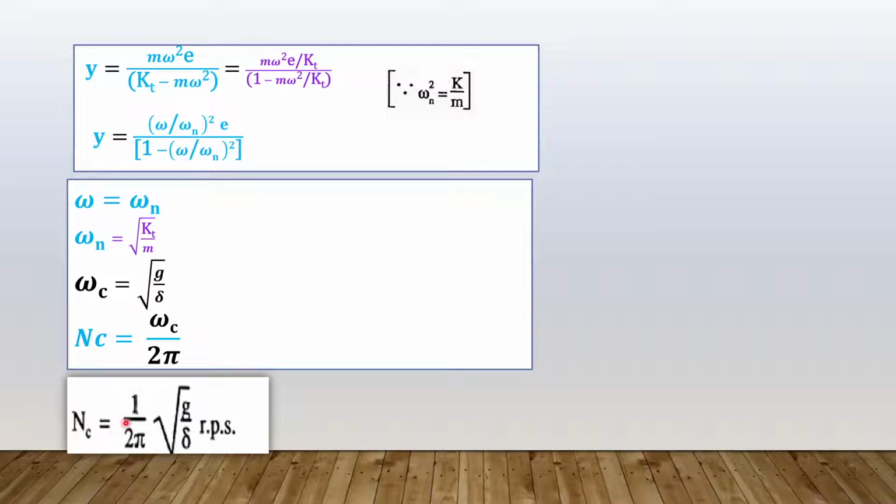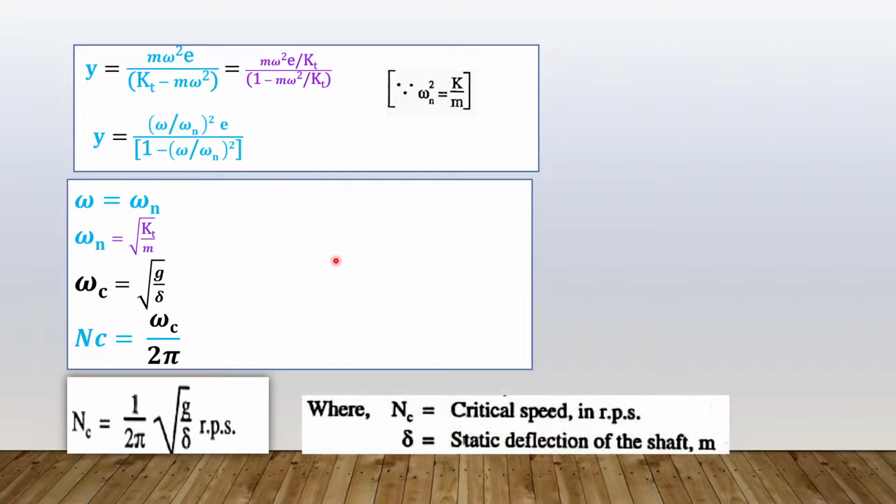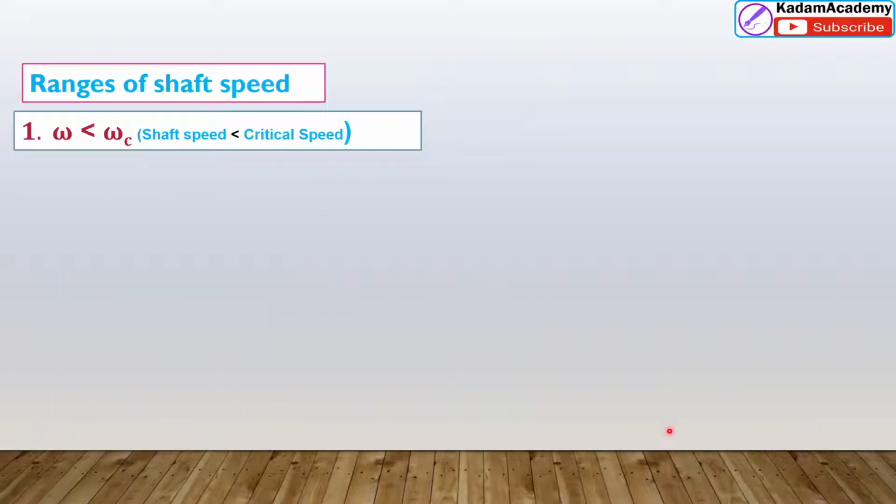Hence we can write 1 upon 2 pi under root of g by delta. This is in RPS. Nc, n suffix c, means critical speed. Omega c means angular critical speed. So this speed we can calculate here. Hence Nc is the critical speed in RPS and delta is the static deflection of the shaft in meters.